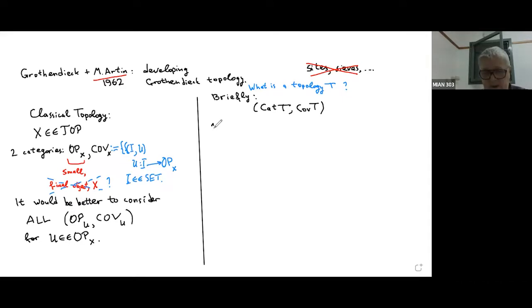And there are exactly three axioms. Again, like with Weil, I have given a name to all three, though the names are not official. I write it in a different color. One element covering.